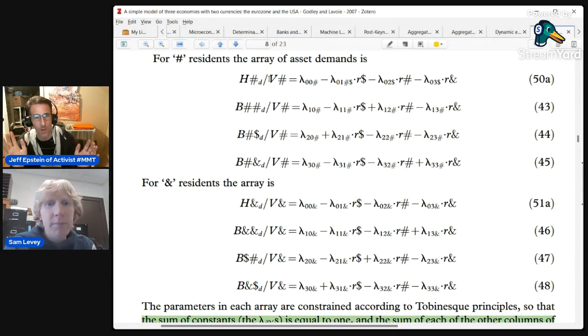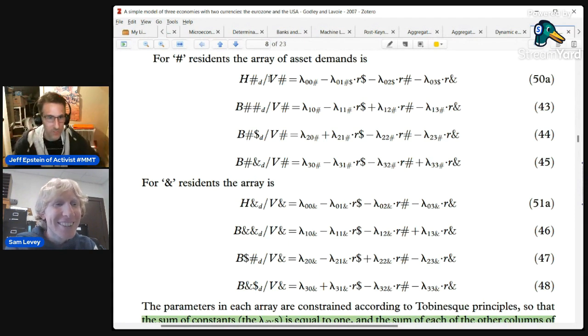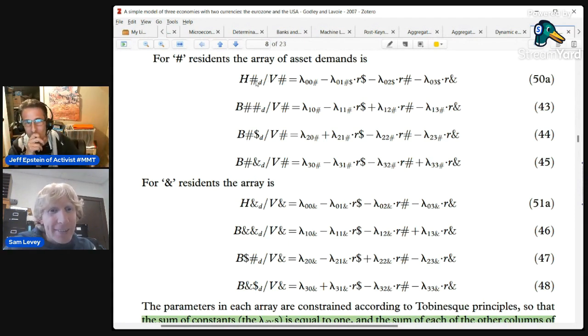So 50 total wealth is made up of 5 money plus 20 hashtag bonds plus 30, whatever. Adding up to 50 on top. That's exactly right. So these 4 numbers have to add to 50. That was very good, by the way.